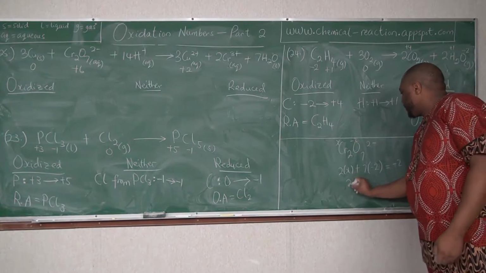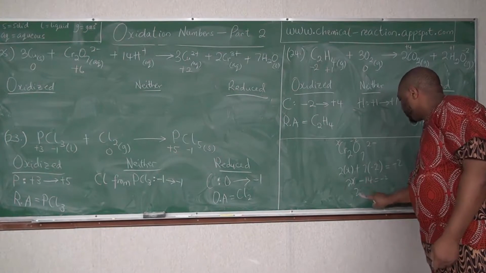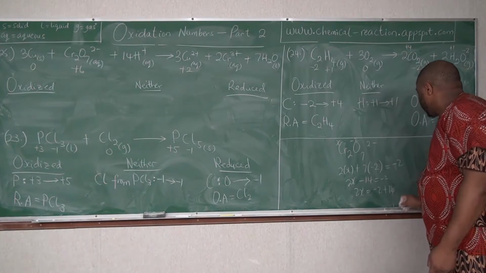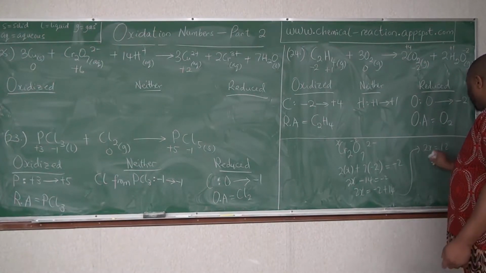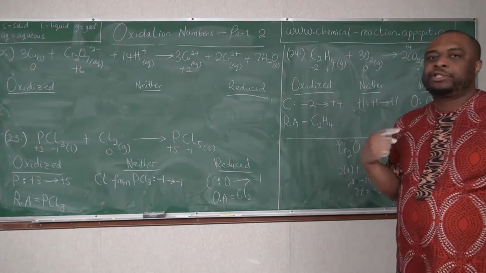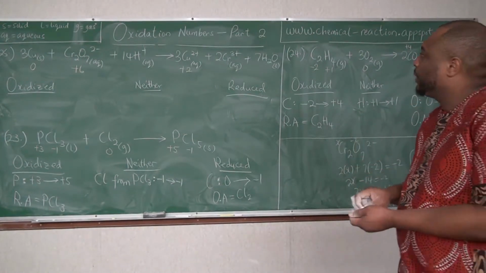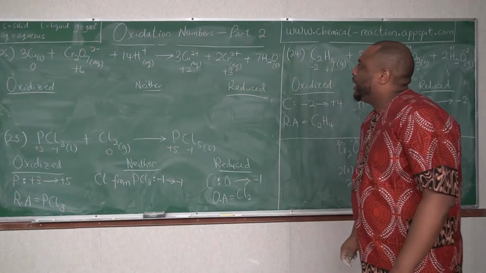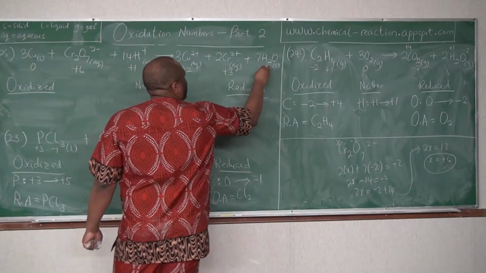So 2x minus 14 equals -2. 2x is -2 plus 14, so 2x is 12 and x is +6. Heptaoxodichromate(VI) ion. So chromium(III) ion, and hydrogen here of course is +1. Hydrogen here is +1 also.